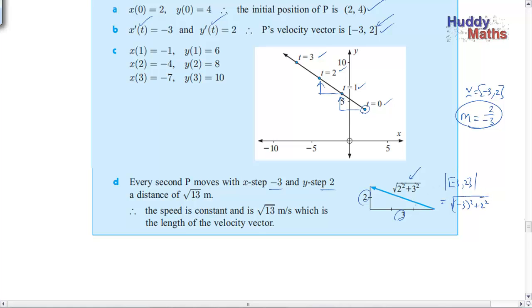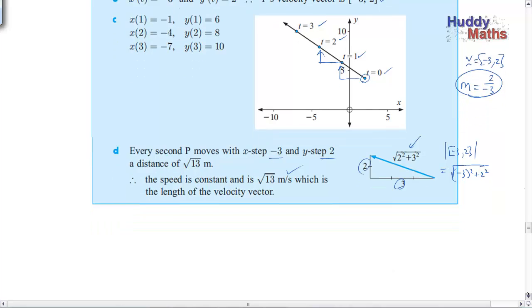That's what they're saying here. So it's root 13 meters per second, which is the length of the velocity vector. So that's the speed, the size of the velocity, which you would have had in other calculus studies that you've done. You need to have that here for this course.